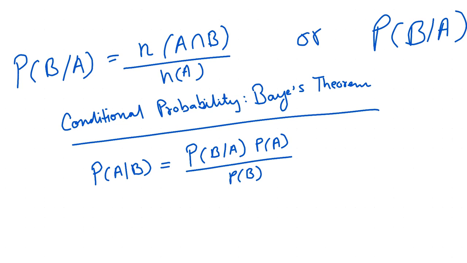So first of all, we need to find outcomes. Let us find first. Question number B part of 3.9.